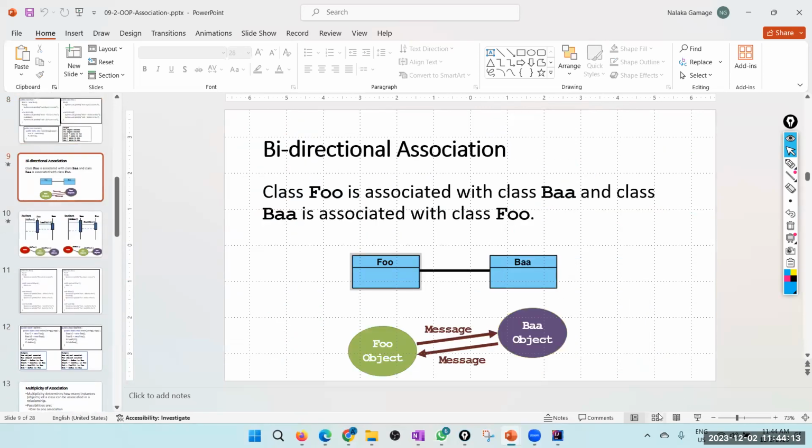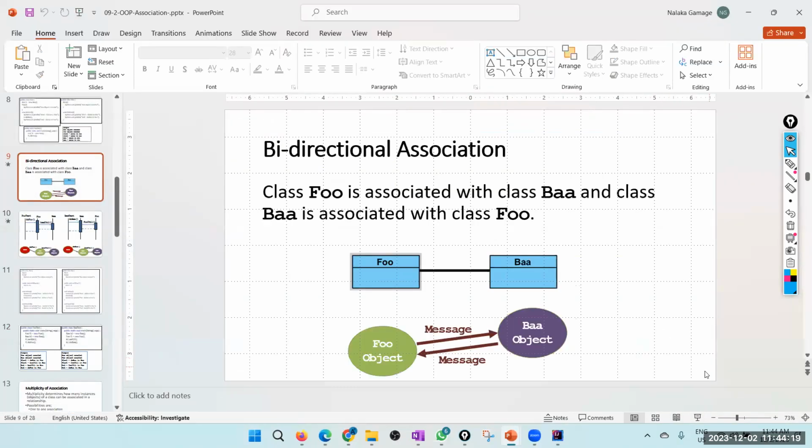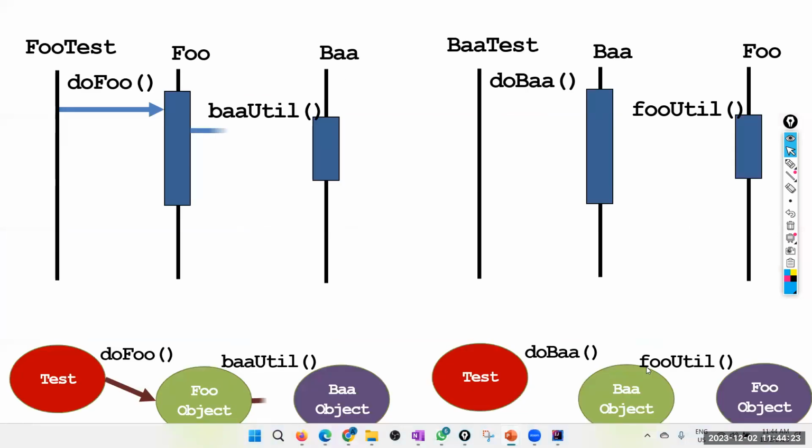What we discussed is one-to-one unidirectional, then one-to-one bidirectional. So there are two more possibilities. That is one-to-many unidirectional, one-to-many bidirectional. And the third possibility is many-to-many unidirectional, many-to-many bidirectional.